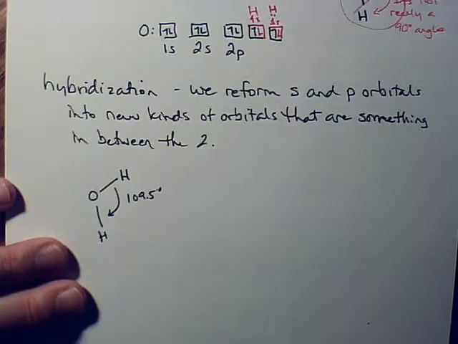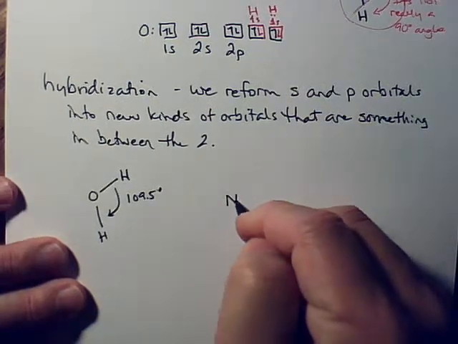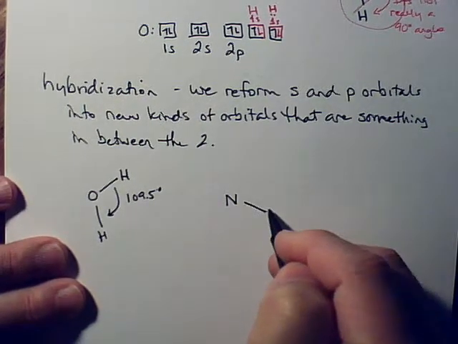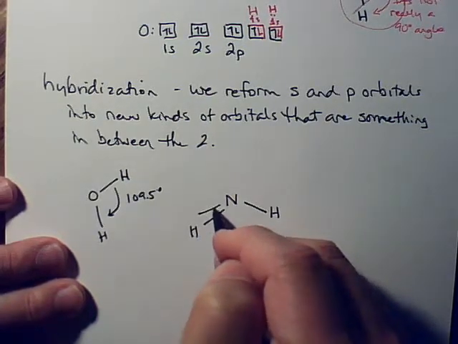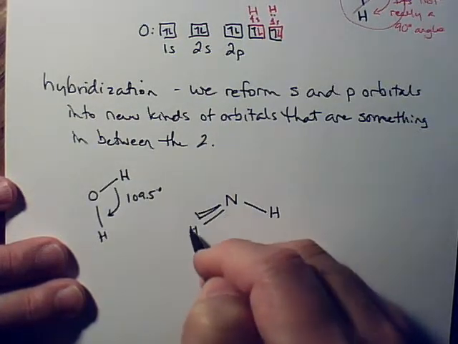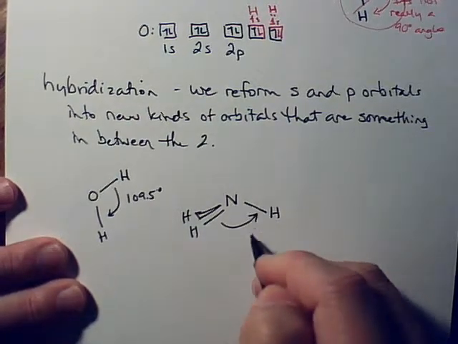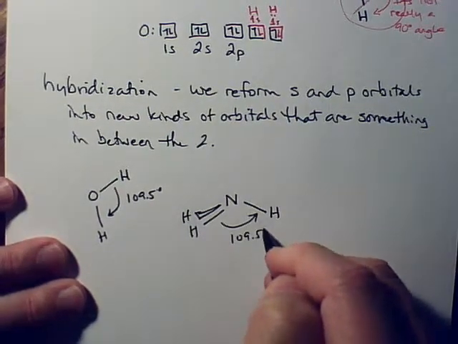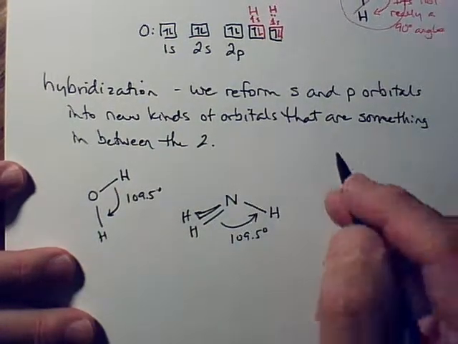Well, if you compare that with some other molecules, like, for instance, ammonia, the angle between all those bonds is also close to 109.5 degrees. It's not exactly 109.5 degrees, but it's pretty close.